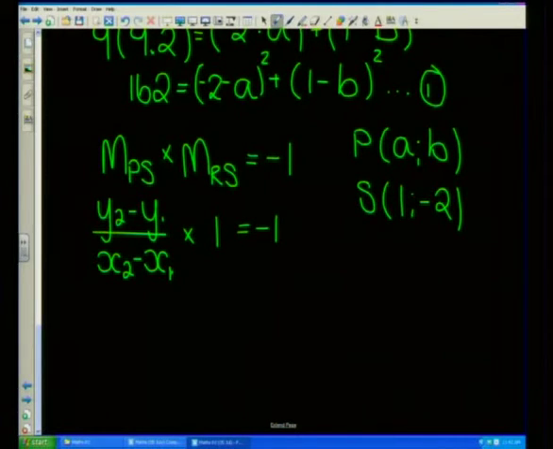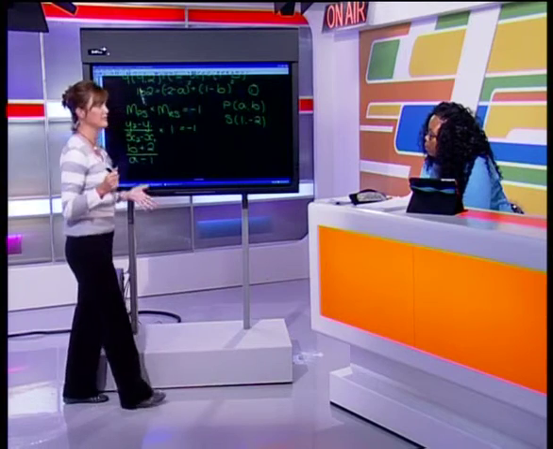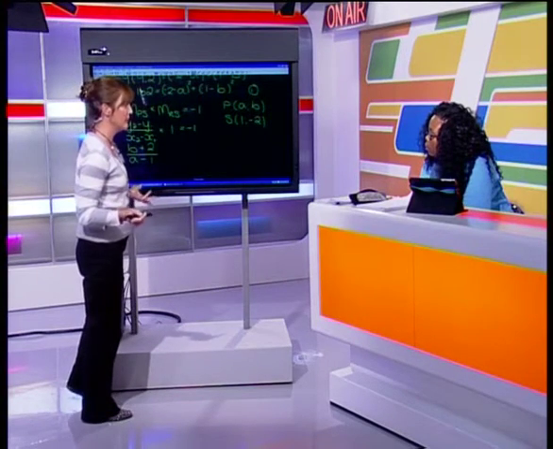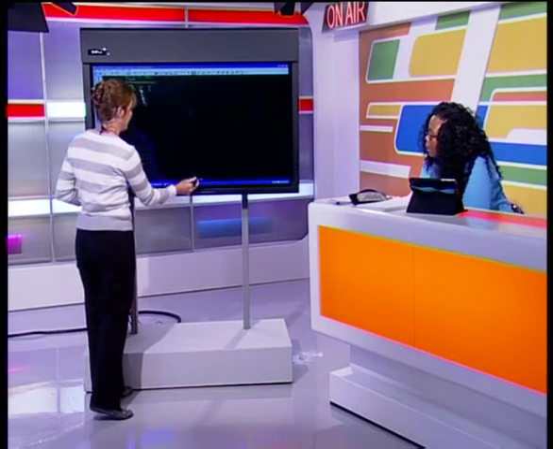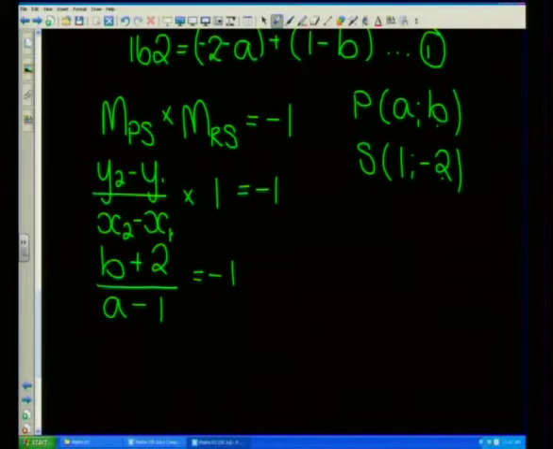Okay, subbing in y2 minus y1, so I've got b minus -2 is going to become +2, and I've got x2 minus x1. We're multiplying it by 1. Do you agree with me at this point? If we're timesing it by 1, we can just drop that because anything multiplied by 1 is itself, and it will be equal to -1.